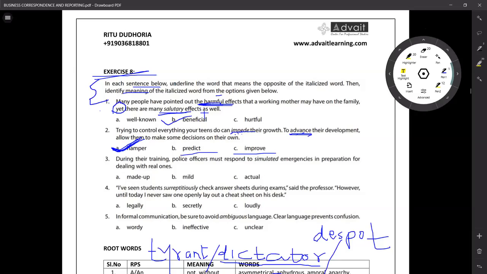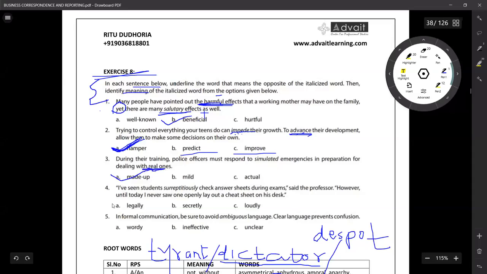What are simulations, guys? Made up, artificial, unreal. So, which is the opposite of simulated in the question? Opposite of unreal, Hasika? Real.